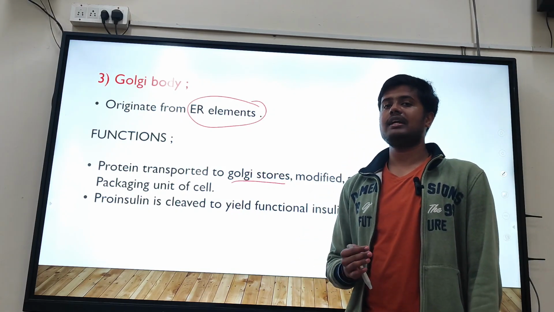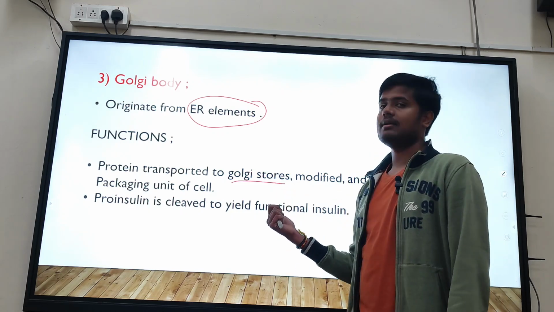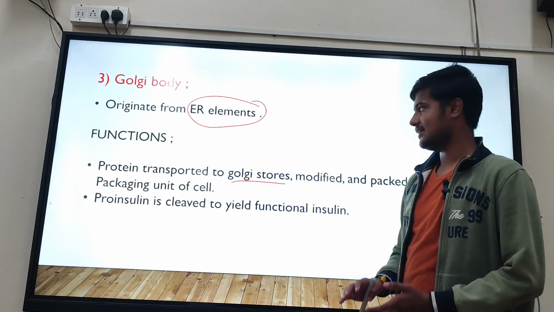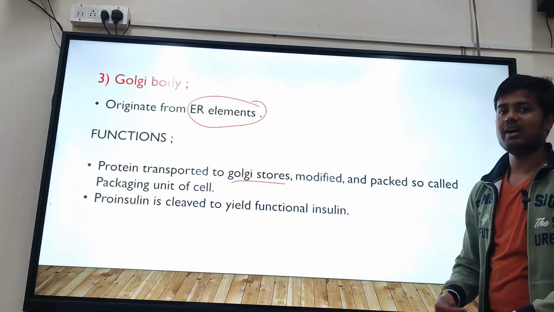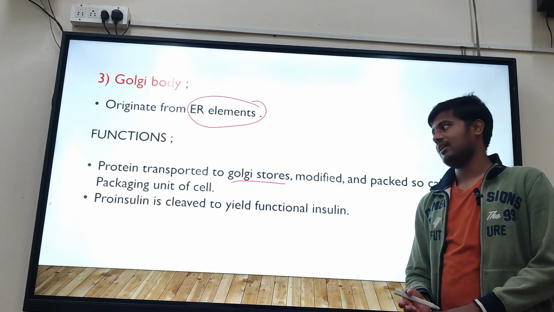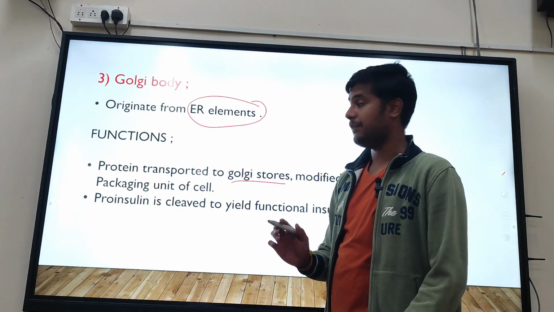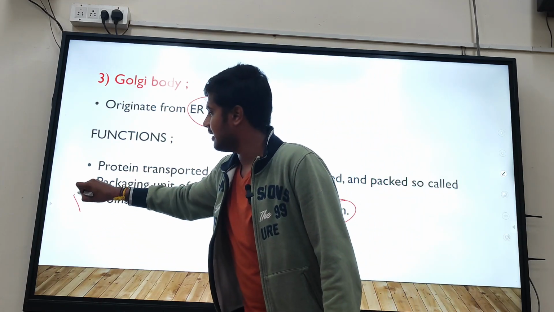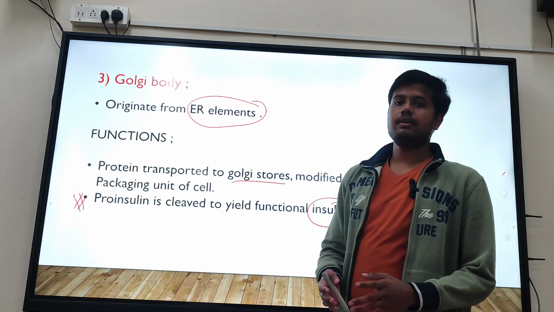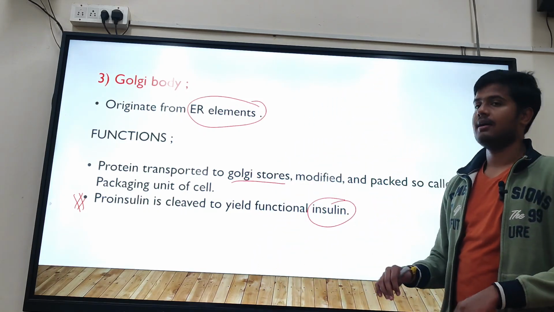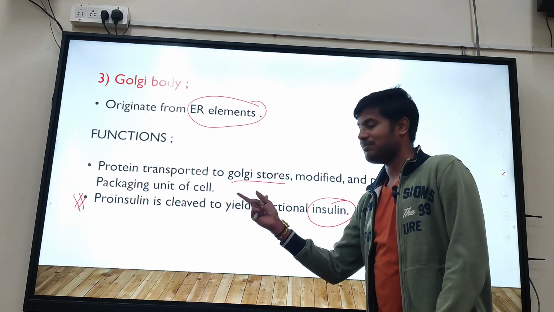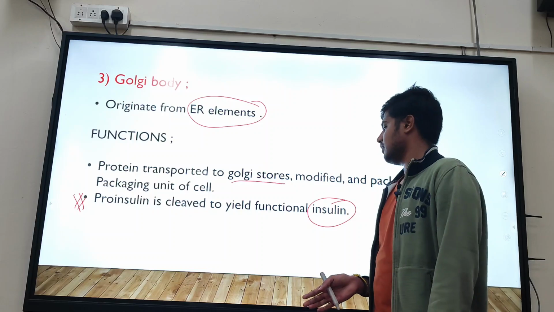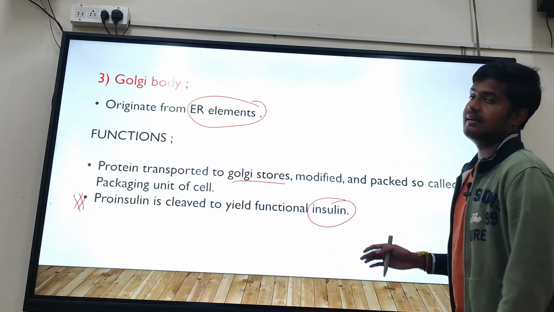Ribosome is called the protein factory of the cell, and Golgi body is the packaging unit because proteins are packed in Golgi stacks and modified with respect to cell organelles. Proinsulin is broken down to yield insulin. This is an important point for examinations. Proinsulin is broken down into functional insulin in the Golgi body.